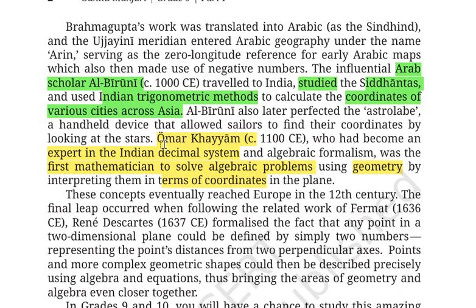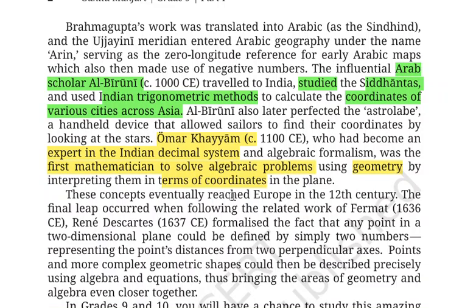After that, Omar Khayyam, who had become an expert in the Indian decimal system, was the first mathematician who solved algebraic problems by using geometry, by interpreting them in terms of coordinates in the plane. So these concepts eventually reached Europe.